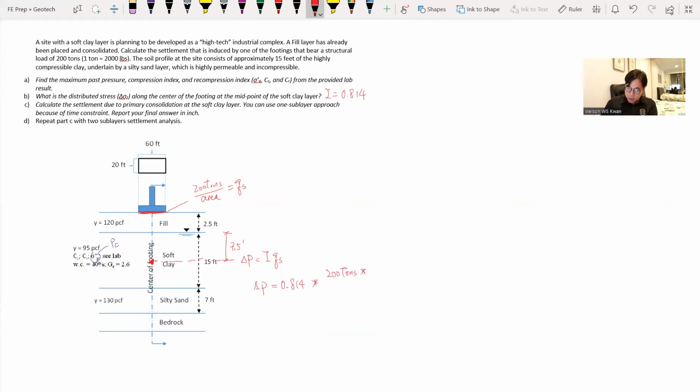And we know 1 ton is equal to 2,000 pounds divided by 1 ton here. So make sure all the units work out. And then divide by the area of our foundation, which is 60 feet times 20 feet.